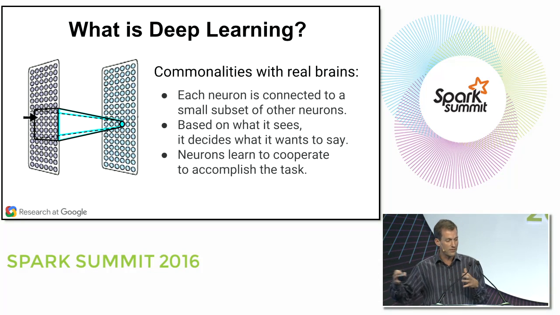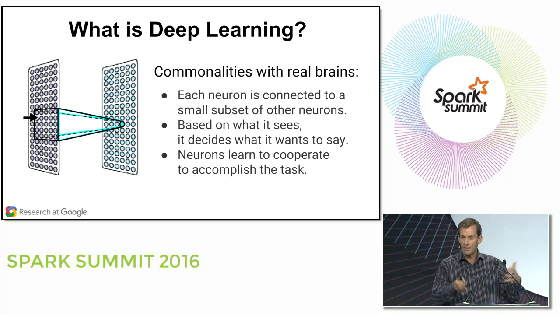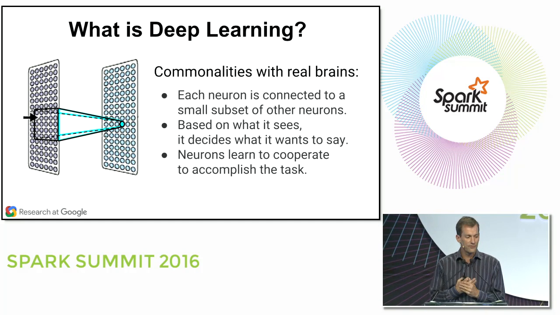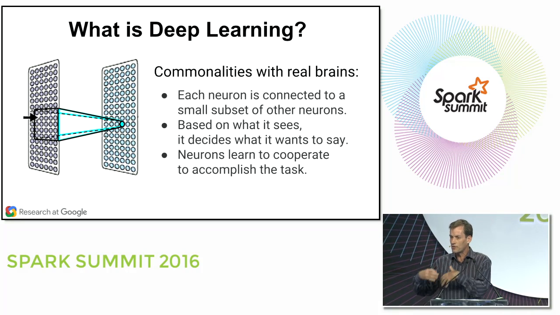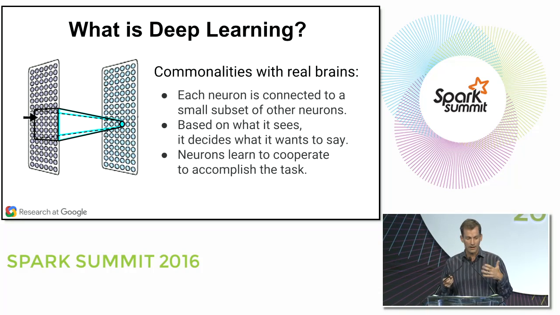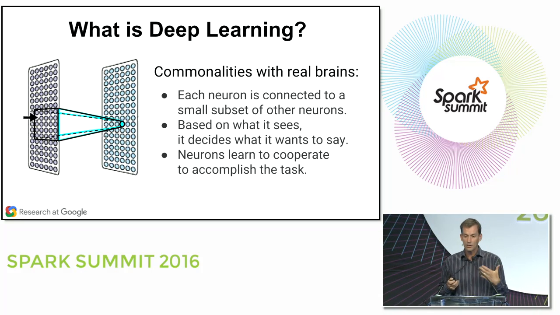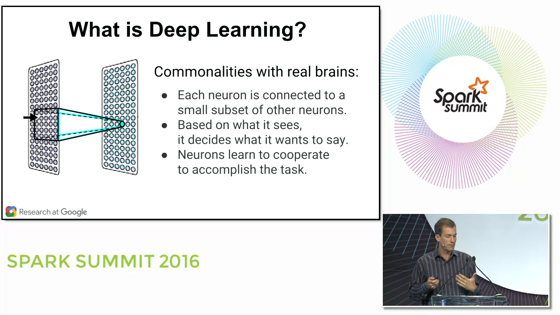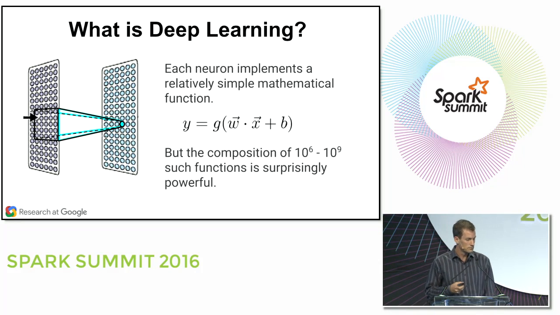They tend to form in these layers in these models so that higher layers can build interesting combinations of lower level features that have been detected. The neuron sees that input and decides, is that interesting to me? And they learn to cooperate. So we have a lot of these neurons in these machine learning models, and they learn to cooperate to accomplish a complicated task, like telling you what's in an image given the pixels.